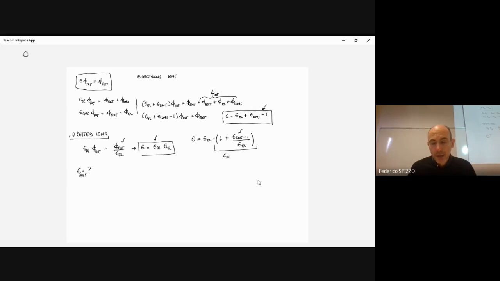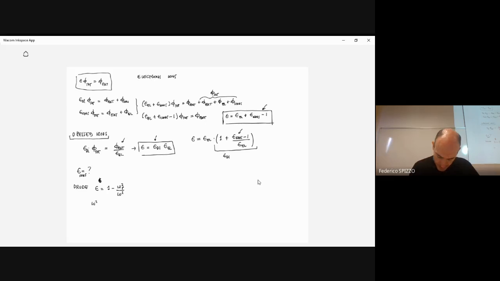In that case, we were able to evaluate the relative permittivity of the electrons, and we found that when we consider the Drude model, the relative permittivity due to the contribution of the electrons was equal to 1 minus the square of the plasma frequency divided by the square of the frequency.